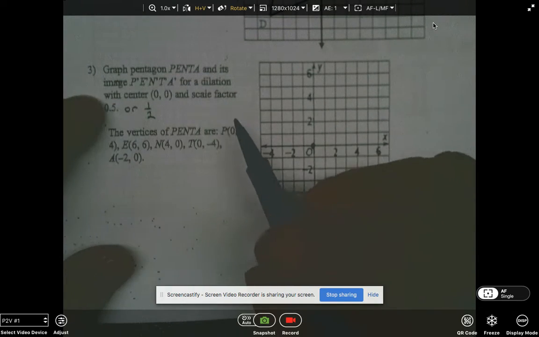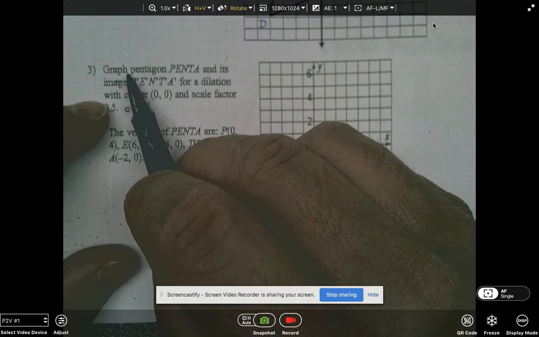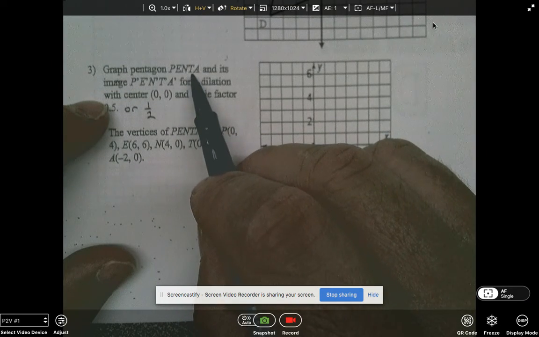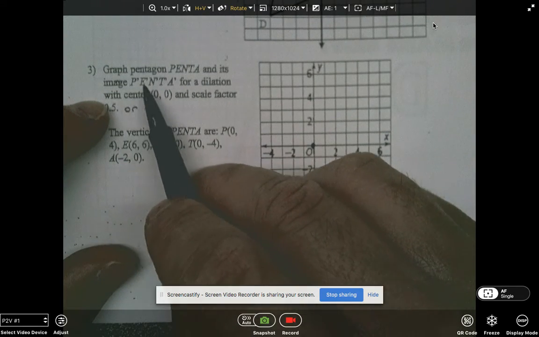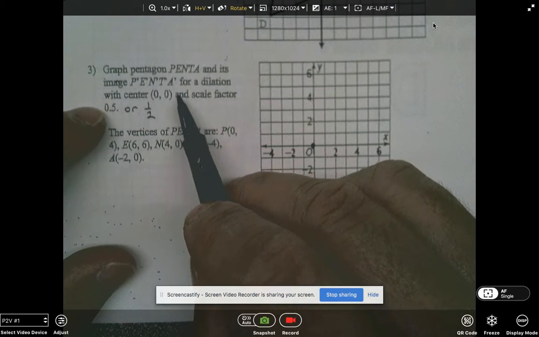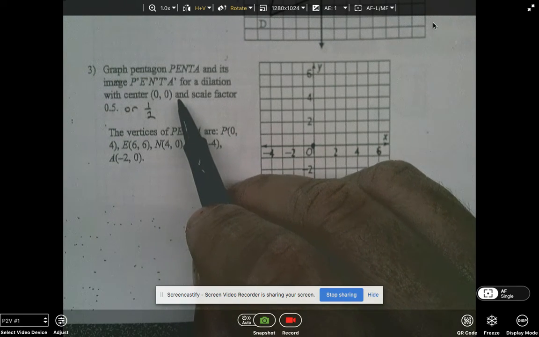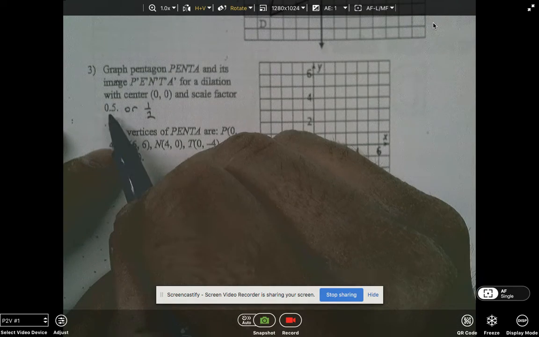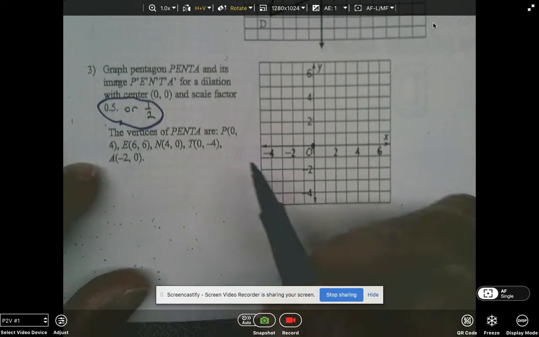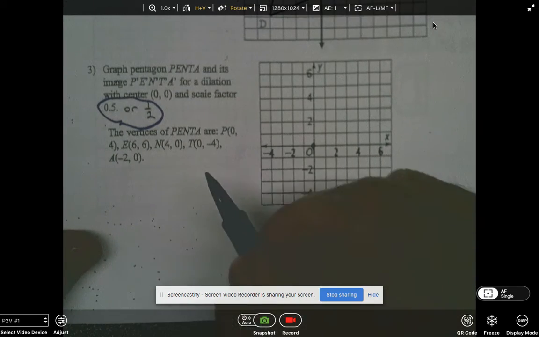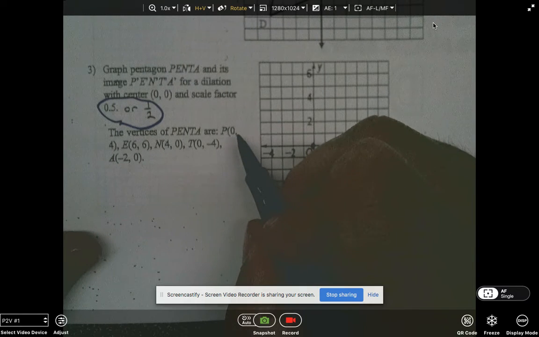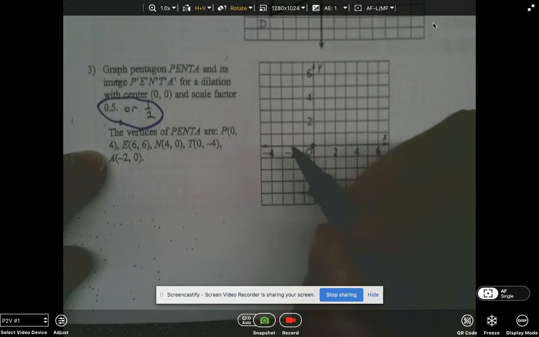So let's do this together. We're going to take, it says graph pentagon PENTA, and its image, PENTA prime, for a dilation with the scale factor of 1/2 again, or 0.5. So let's graph these together here. So we have P is 0, 4.